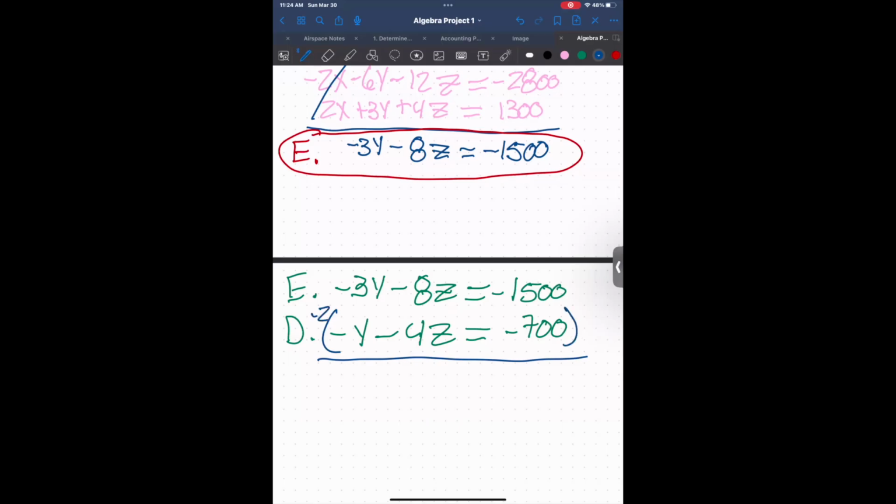Okay. So we're going to compare these where negative 2, a negative times a negative is a positive, which makes it 2y plus 8z equals 1400. That worked out great for us. Yeah, that's a nice number. The top one, we're just going to carry it down. 8z.